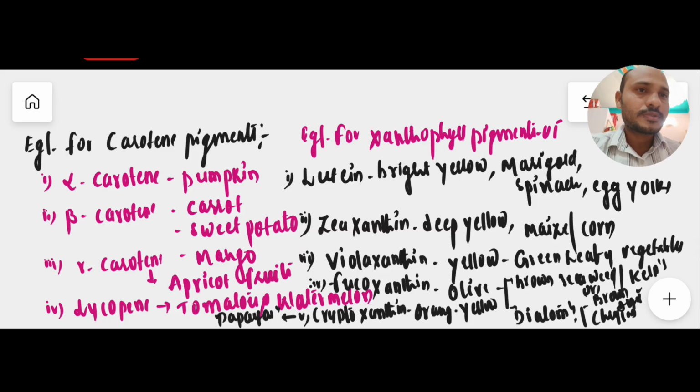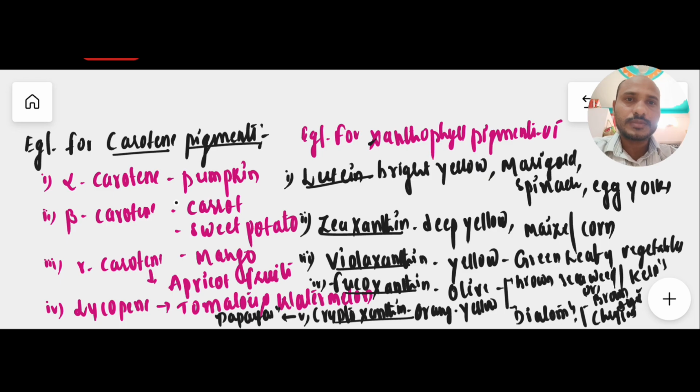So all these are different examples for xanthophyll pigment, like lutein, zeaxanthin, fucoxanthin, cryptoxanthin, and their colors and their presence in various organisms and plants. And we discussed examples for carotene pigments like alpha carotene, beta carotene, gamma carotene. Lycopene is most important.